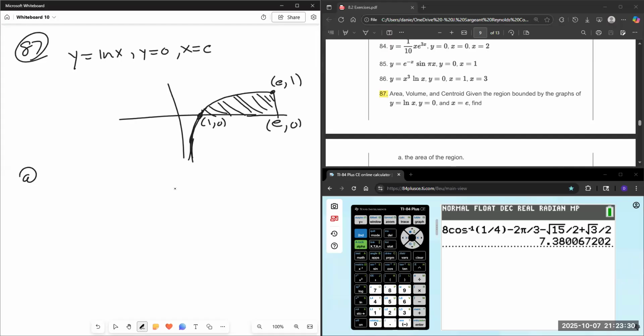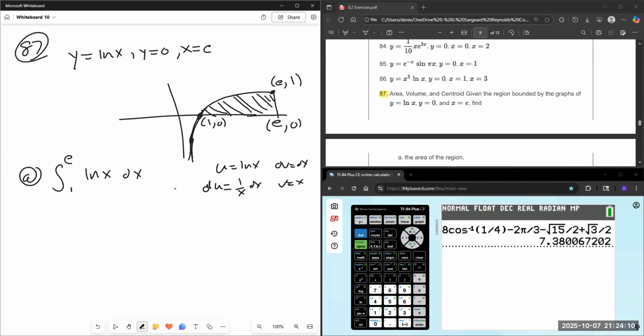So first, let's find that area, 1 to e of ln of x dx. So we have u is equal to ln of x, du is equal to 1 over x dx, dv is dx, v is x.